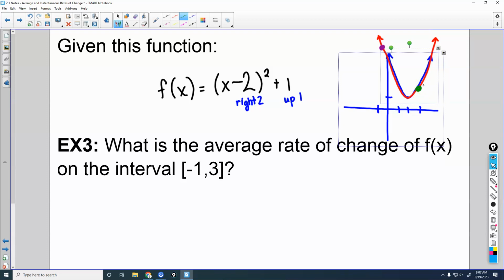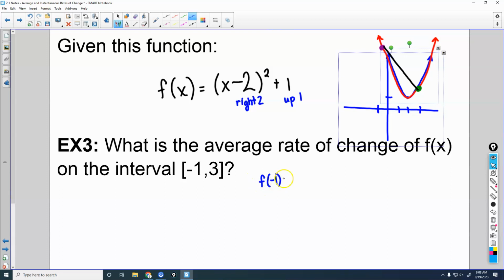What we're looking for when we're looking for average rate of change is the slope of that secant line, that line that crosses through those 2 points. So this is something we can find without knowing any calculus. Everything you need to know to do this you learned in Math 1. Obviously you didn't learn this in Math 1, but you learned the things that you need to know.